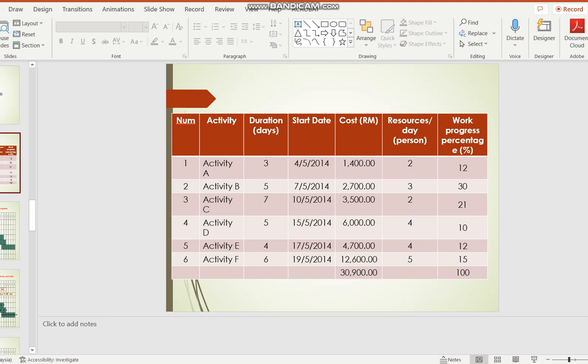Every work has different resources, so you can add it up, divide by the total, and you get the percentage. But at the end of the day, you have to get to 100%.